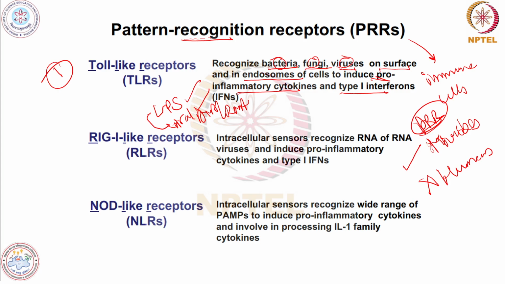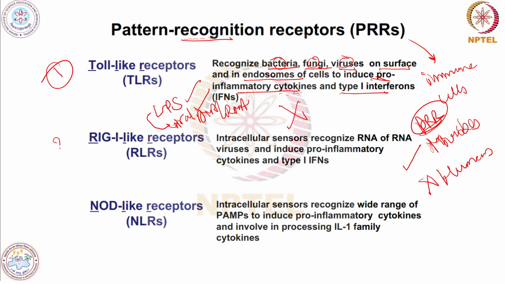Then they call upon the immune cells, induce pro-inflammatory cytokine production and type 1 interferon production, and kill these pathogens.